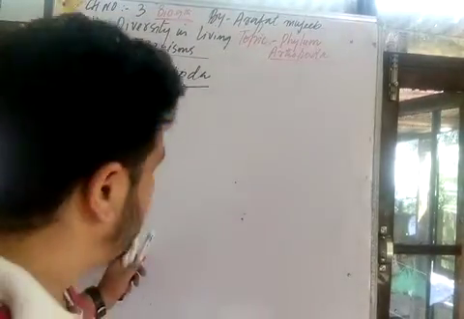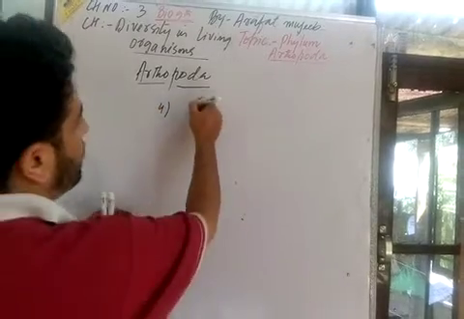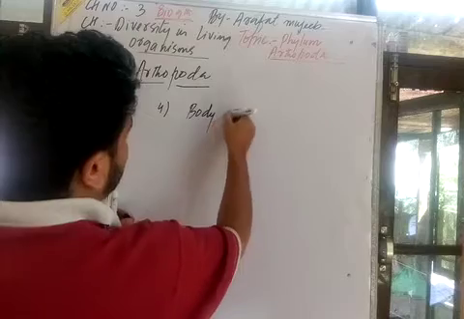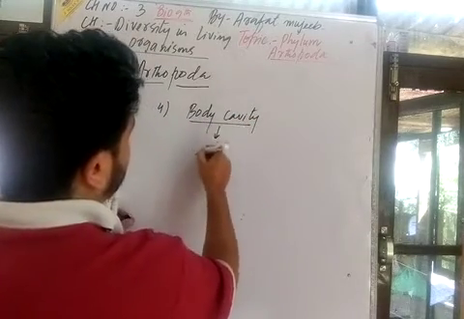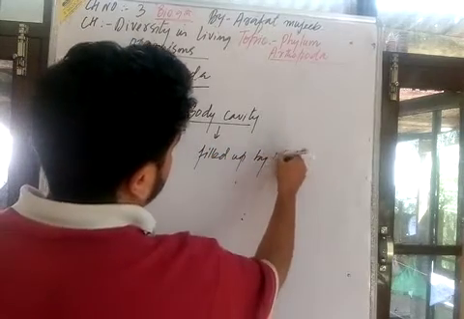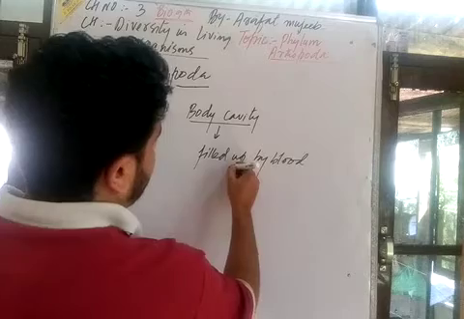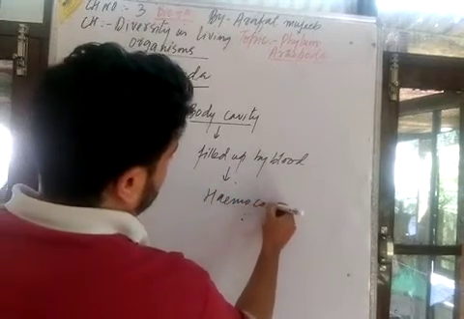It is the third. Now the fourth one about them is that they have the body cavity, and that body cavity is filled up by blood. Then that type of body cavity is named as hemocoel.